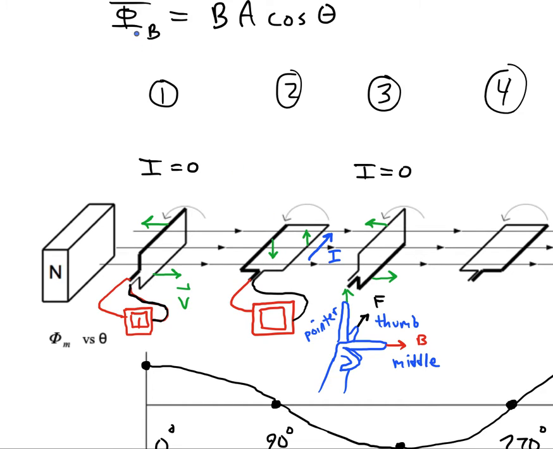If we do the right-hand rule on the left side, our pointer would be pointing down this time. And that's the direction of motion of this segment of wire.